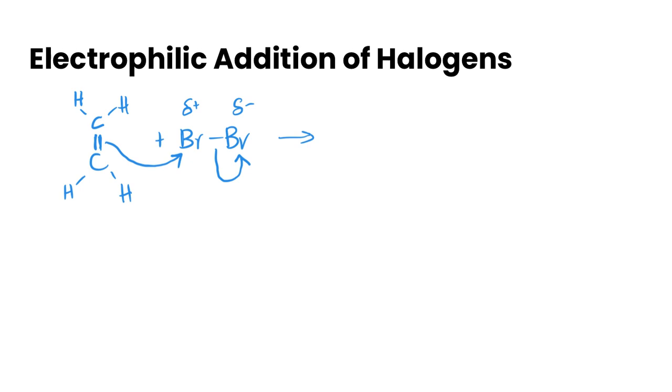So in our first step, we're going to create our carbocation. So I'm just going to draw it here. Our positive charge goes here. Now this is symmetrical, so it doesn't really matter, right, where we put our positive charge. But if it was asymmetrical, it would go on the carbon that's more highly substituted. And our bromine is attaching to that first carbon there. And then the other thing we're creating is our nucleophile, our Br minus.